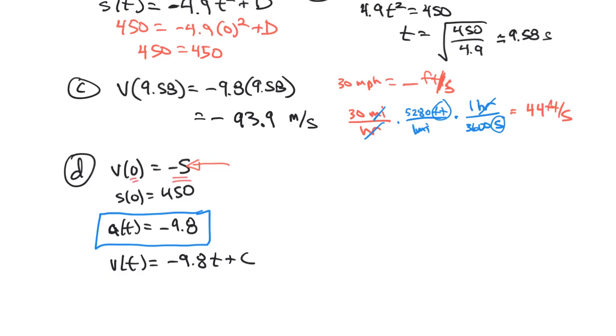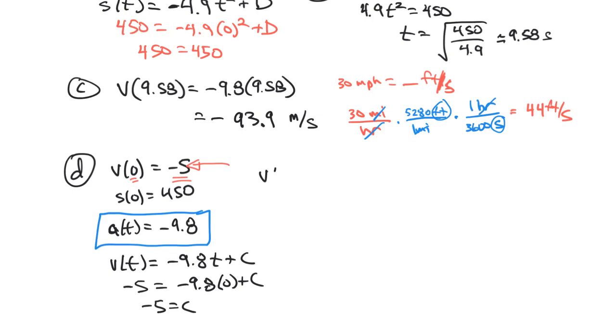This says when time is 0, velocity is -5. So now we're going to put -5 equals -9.8 times t, and actually not t. t is going to be 0. So you get -9.8 times 0 plus c. So we end up with -5 equals c.